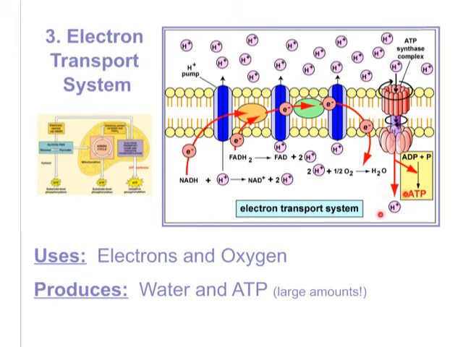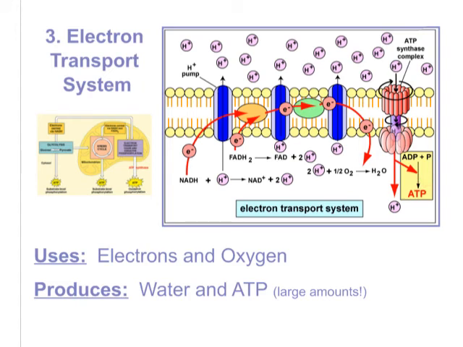The protons coming back in here enable this to make ATP from ADP, and in this one step alone, we produce the vast majority of all of the ATP that we get out of cellular respiration. So this process right here is very important. As the protons come back across the membrane, they come through this ATP synthase complex, and ATP is generated.